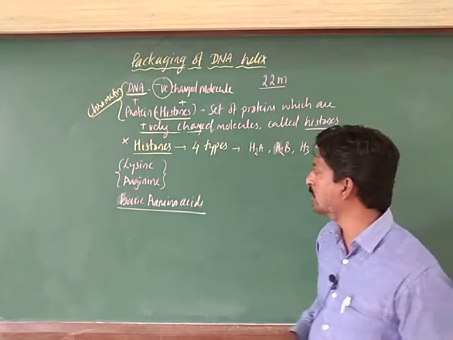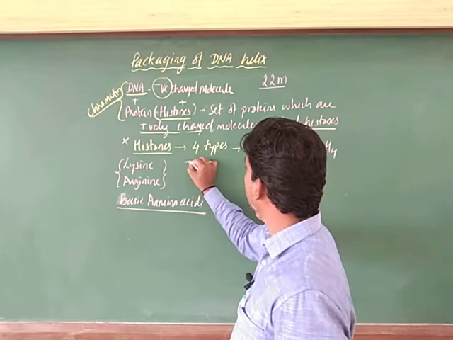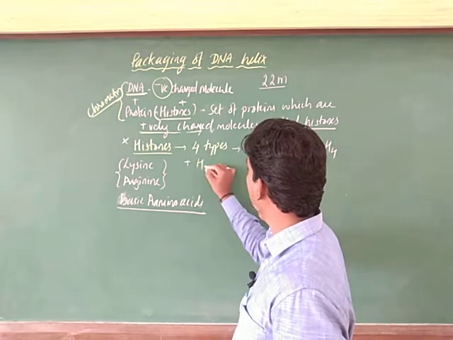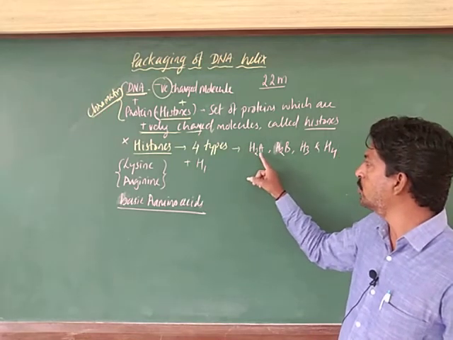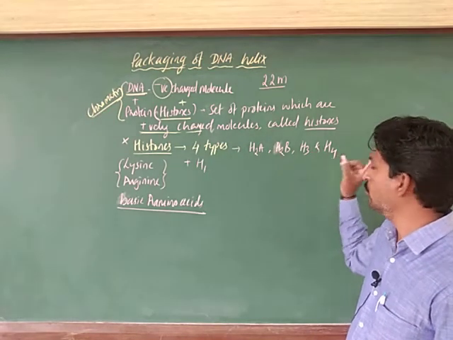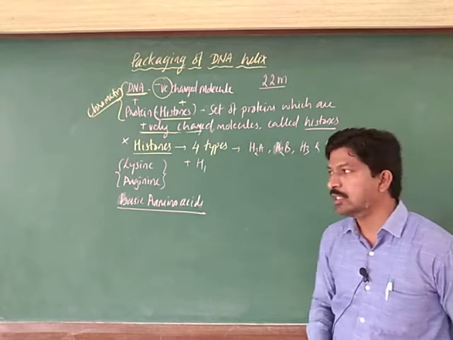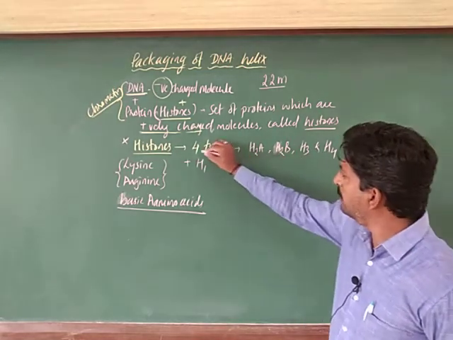H1 is also there, one more type, that is 4 types plus H1, histone 1, histone 2A, histone 2B, histone 3, histone 4. They are named like this. Why have I taken 4 types?